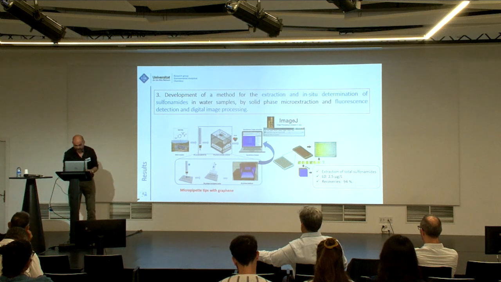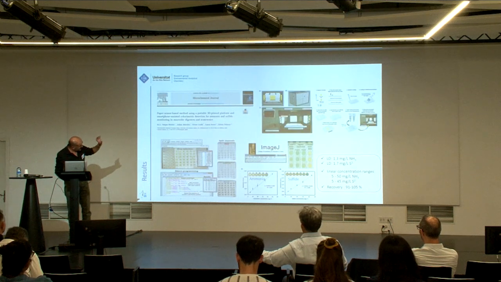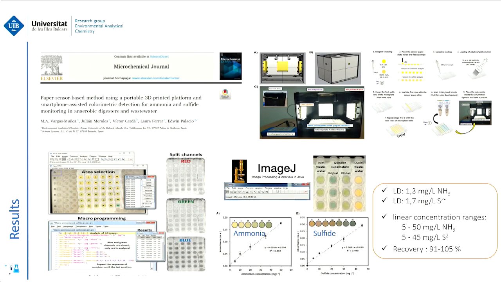Here we use a portable smartphone, and we can use open-source data processing. In the last one, we use the same light box, and we can also use paper sensors to determine ammonium, for example, or sulfide in biodigesters.